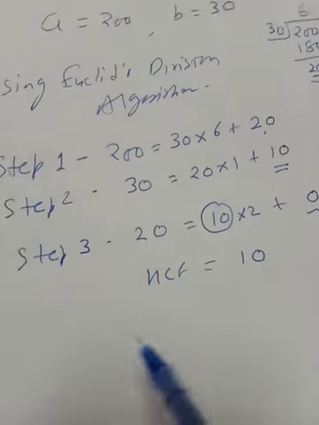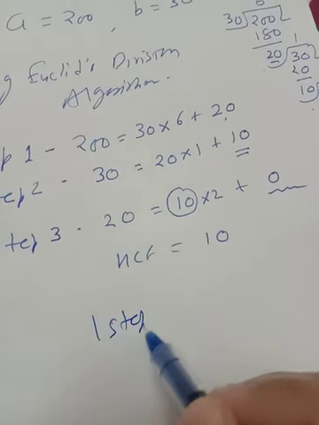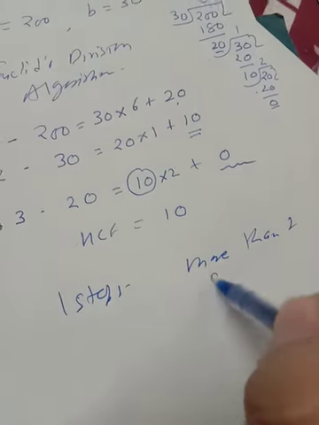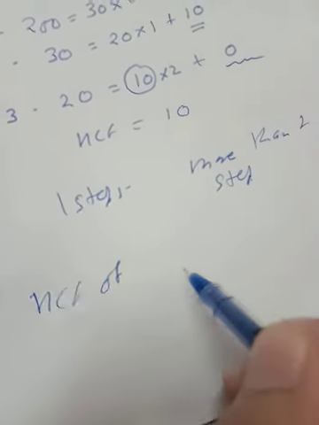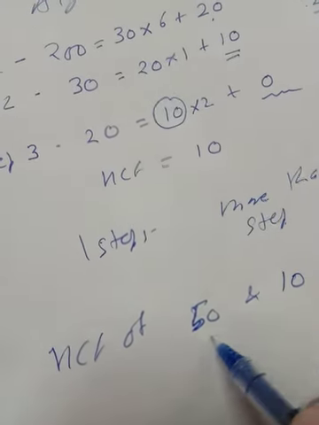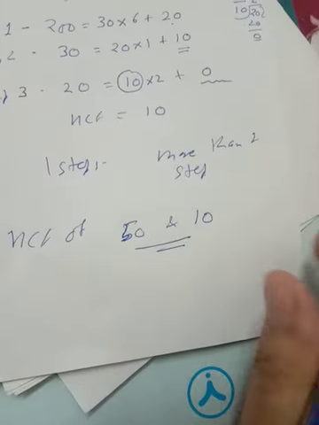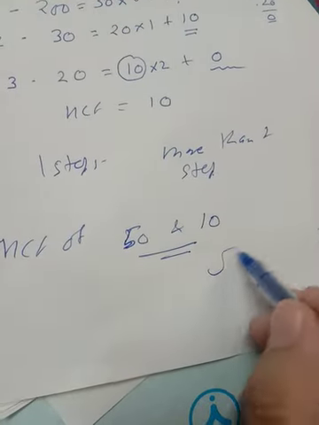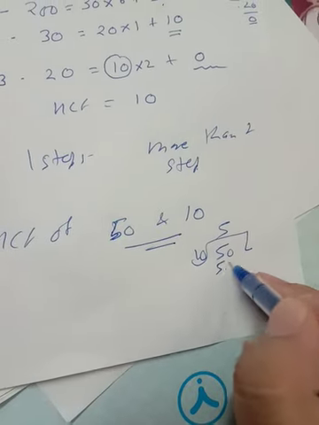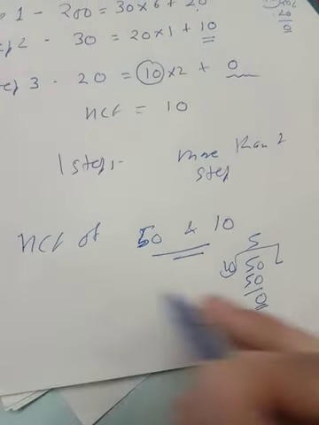You can get many steps. It is possible that you get one step only, or more than one step. For example, if you find the HCF of 50 and 10, you will get the answer in just one single step, because when you divide 50 by 10, 5 times is 50, and the remainder is 0.